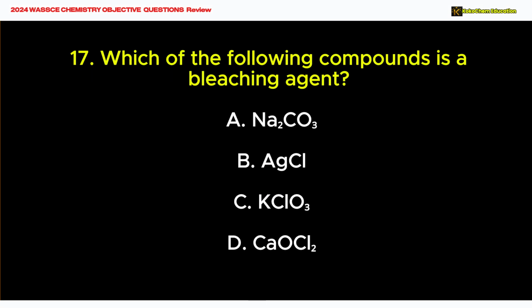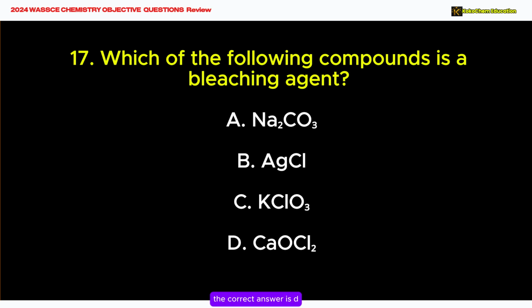17. Which of the following compounds is a bleaching agent? A. Na2CO3, B. AgCl, C. KClO3, D. CaOCl2.